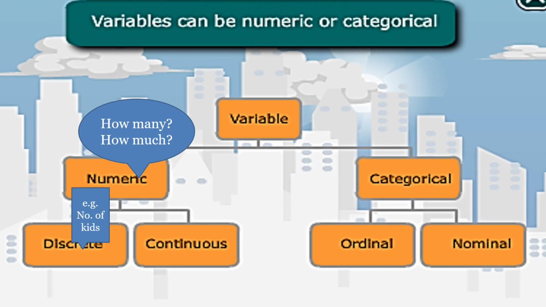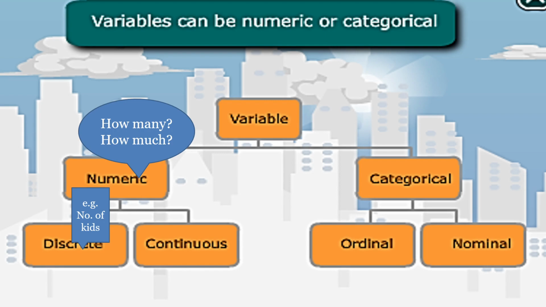Now, some people will call them numeric and categorical. So nominal, ordinal, interval would be continuous, and discrete is the ratio. Let this not distract or confuse you as to what they mean.